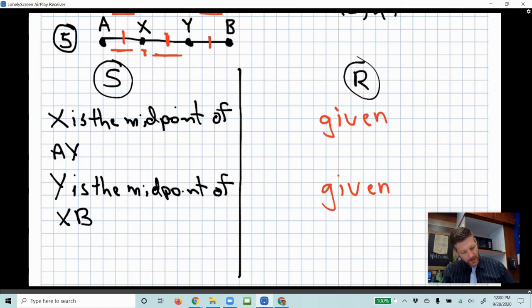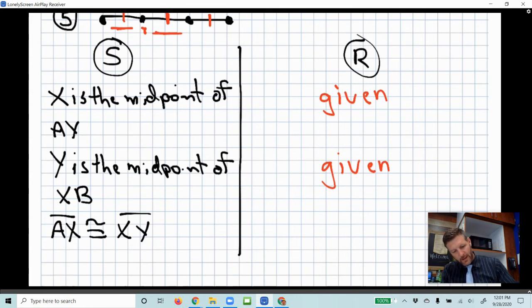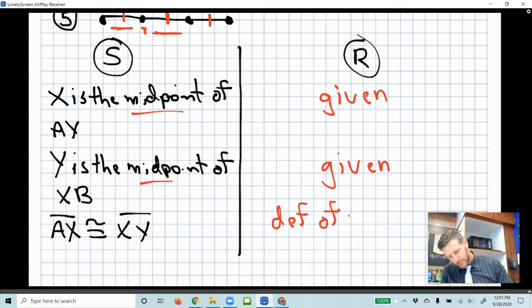So let's try that. So AX is congruent with XY. And how do I know that? That's because that's the definition. I'm using that because they told us they were midpoints. So it's from the definition of a midpoint. Because they are midpoints, I know that they've created these 2 congruent pieces, AX to XY.